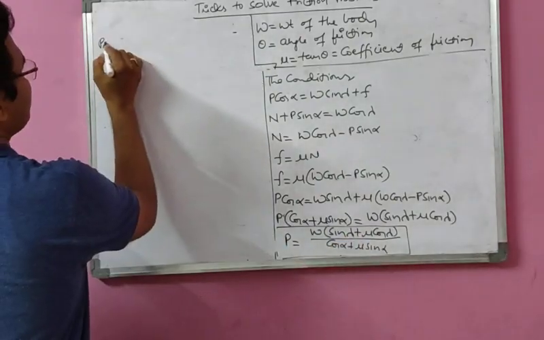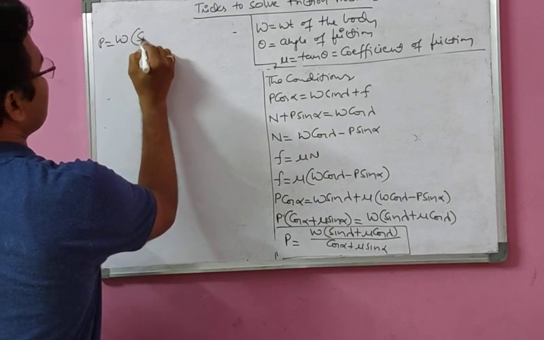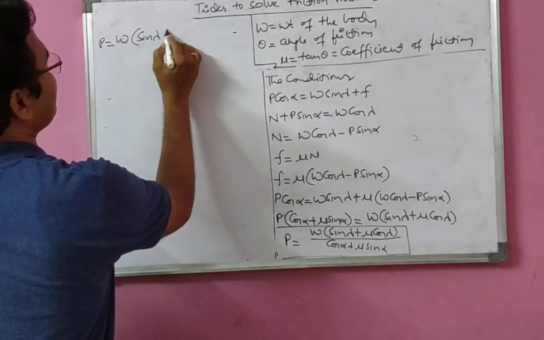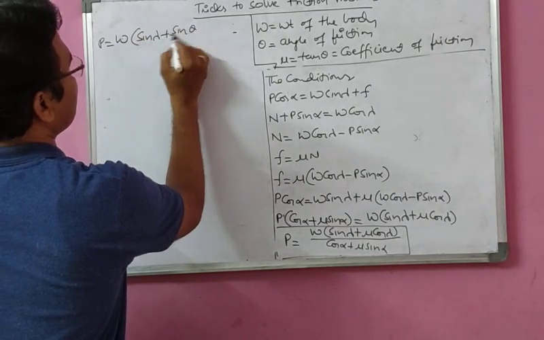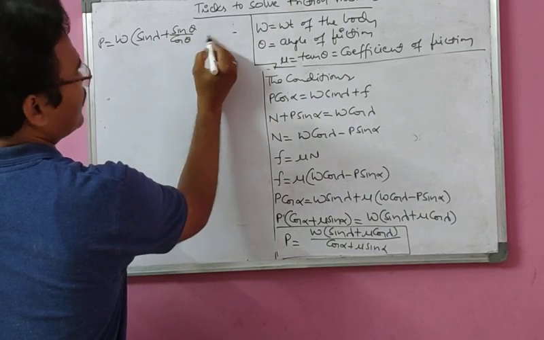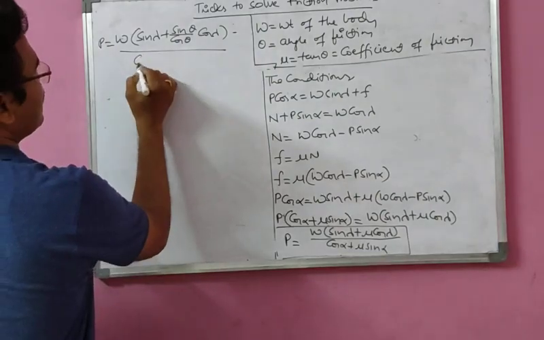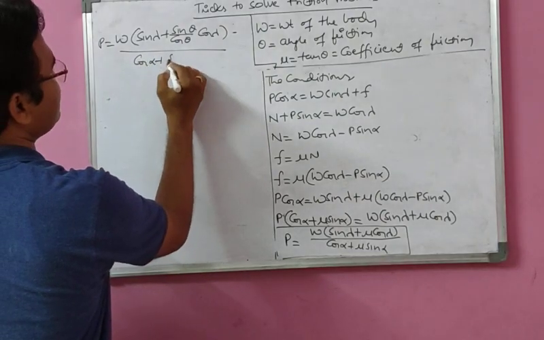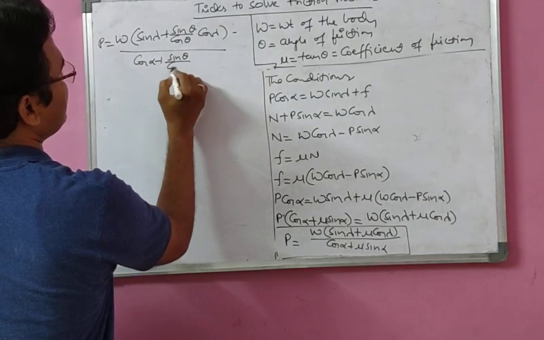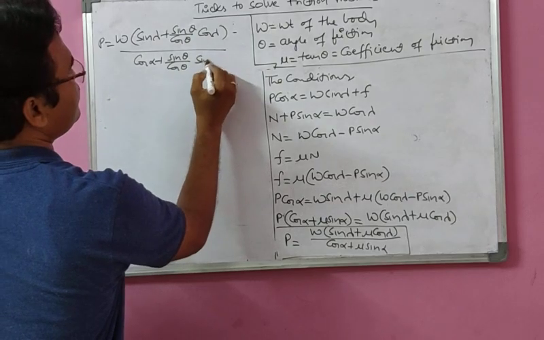So P equal to W of (sin lambda plus sin theta by cos theta times cos lambda) divided by (cos alpha plus sin theta by cos theta times sin alpha).